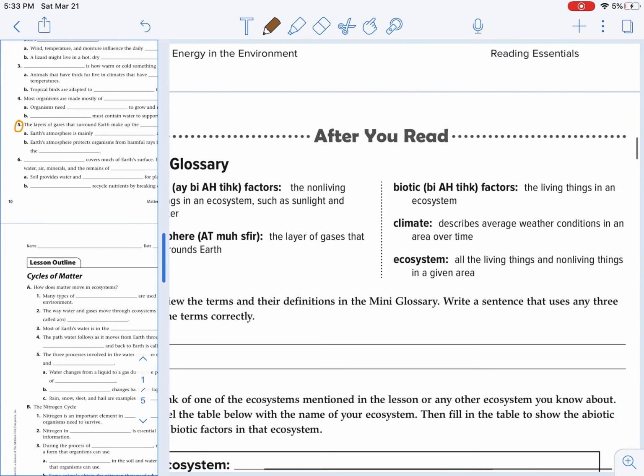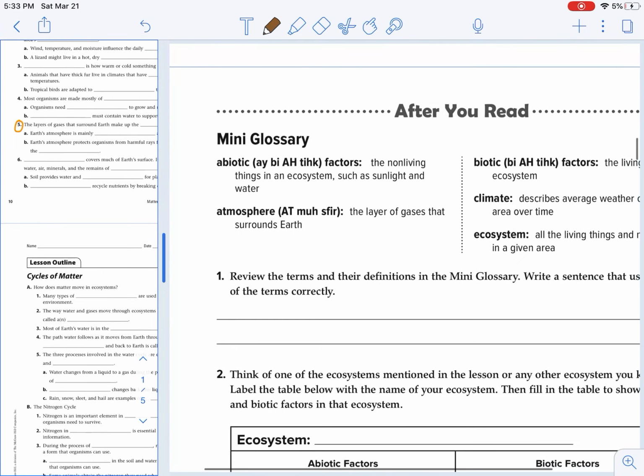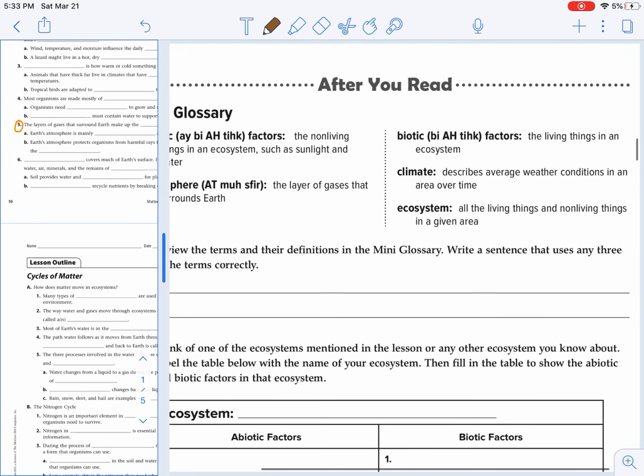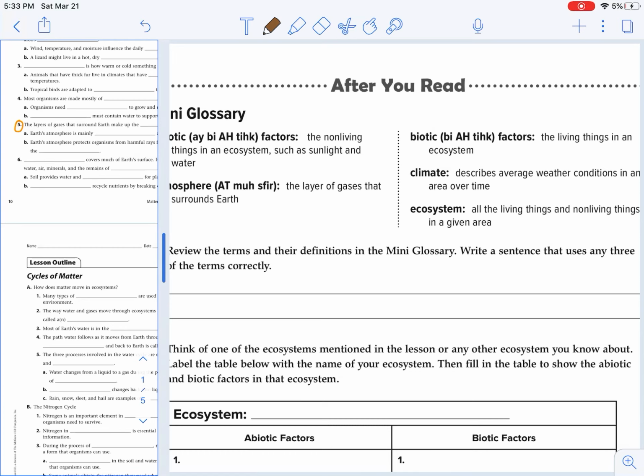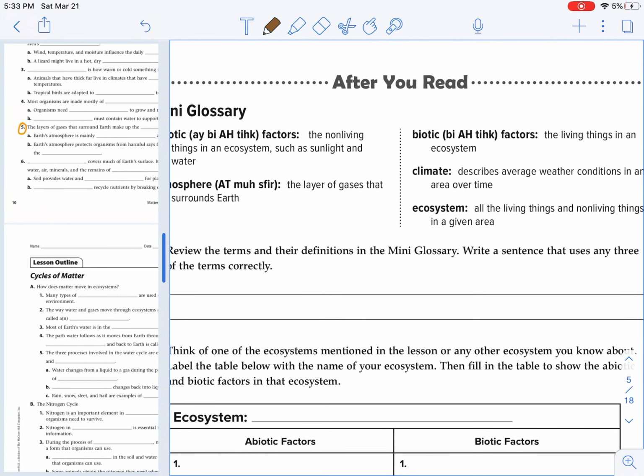Here's your after you read. And abiotic, atmosphere, biotic, climate, and ecosystem are the 5 words for this lesson. So make sure that you are getting your vocab assignment filled out as well, okay?